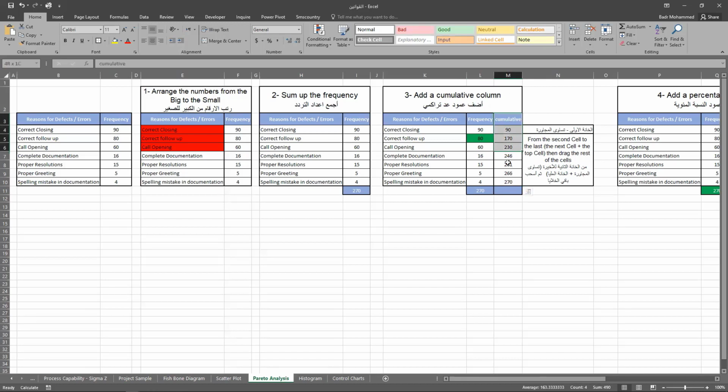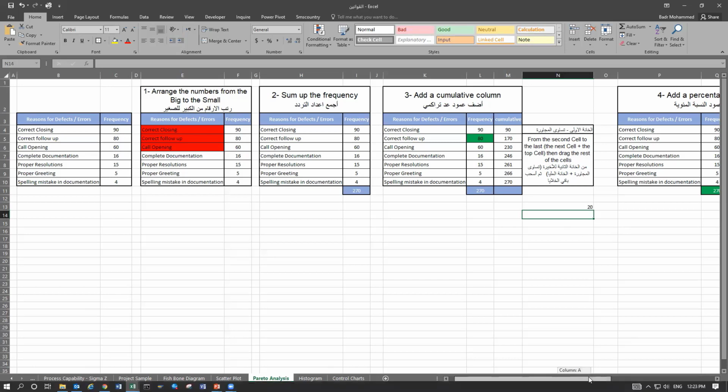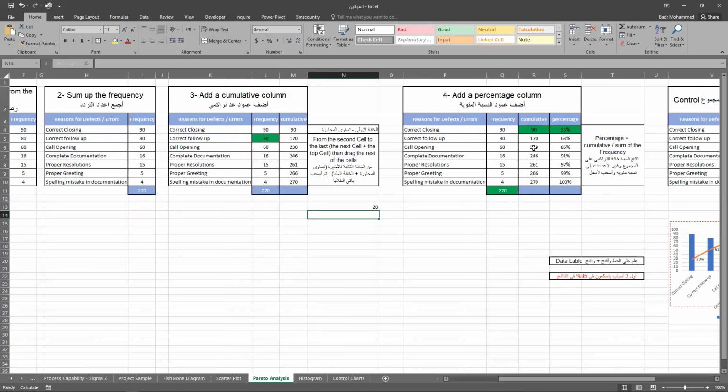So we need this cumulative in order to use the Pareto analysis to tell us which are the main root causes making this problem, or we need to get only the 20 out of 100. So only that 20 will be our main root cause. So let's come here. After we add the cumulative, we need to add the percentage.